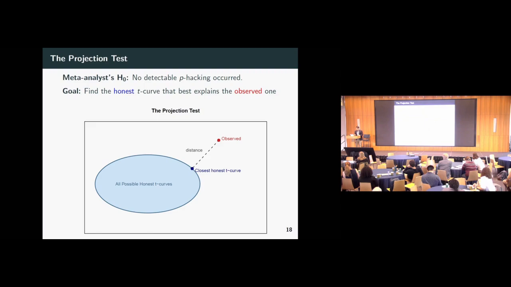The goal of the test is to look at the t-curve that we observe, symbolized by the red dot, and then to look at the set of all possible t-curves we could produce honestly and find the closest one to the observed t-curve. So we observe a t-curve and we find the closest honest t-curve.